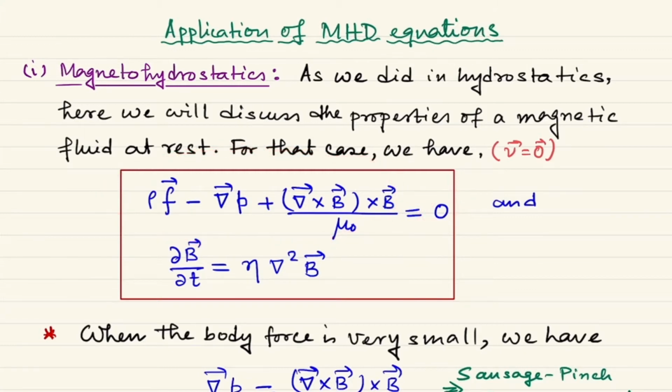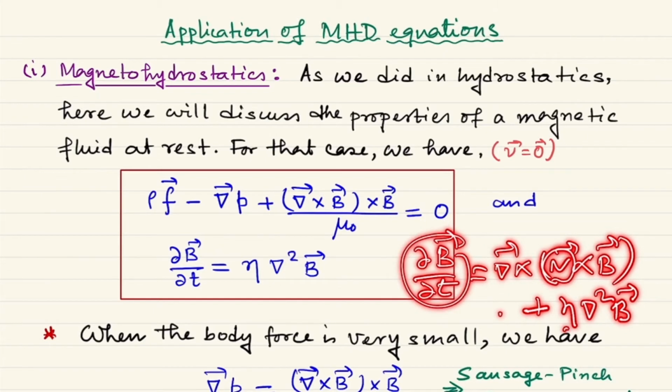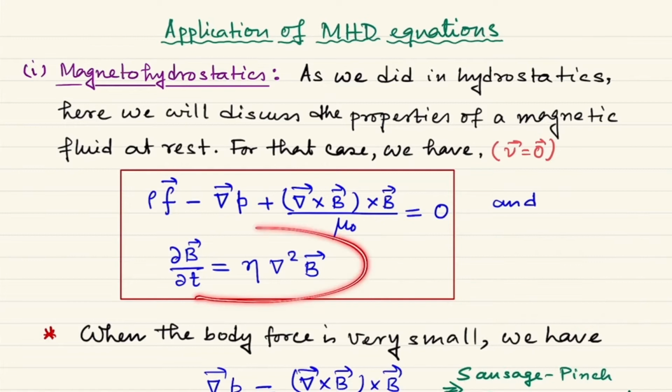And for the magnetic field evolution equation, we in general have del B del t equal to curl of v cross B plus eta times nabla square B. Here, when v is equal to 0, we simply have del B del t equal to eta nabla square B, which is nothing but a simple diffusion equation.